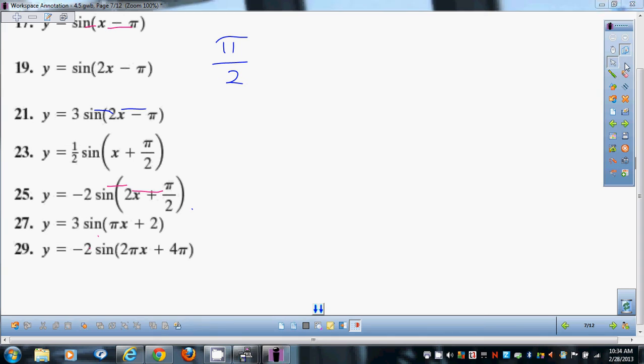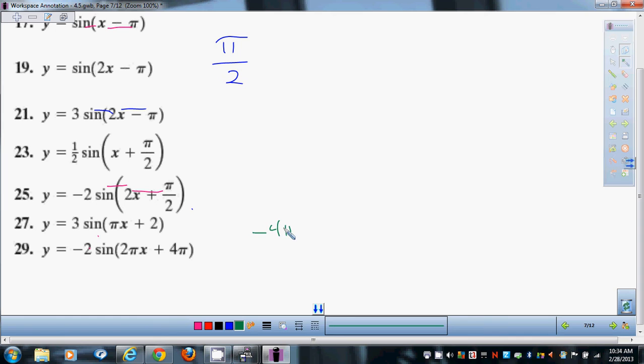Negative 4 pi, you take the opposite, over 2 pi. Oh, well then you were probably right. Okay, would you say negative 2 over pi? Well then you were right. But 29, negative 4 pi over 2 pi, which reduces to? Negative 2 would be your phase shift. We are going to put all this together in just a second when we start graphing.